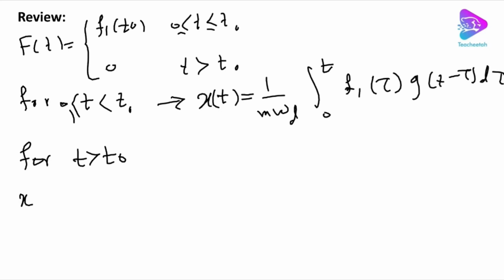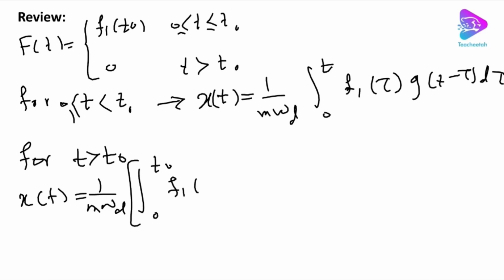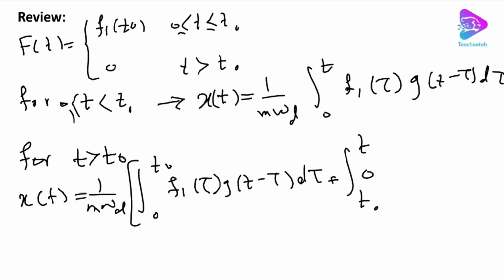So x(t) would be 1 over m omega d, in square brackets, the integral from 0 to t naught of f1(tau) g(t minus tau) d tau, plus the integral from t naught to t of 0 times g(t minus tau) d tau.